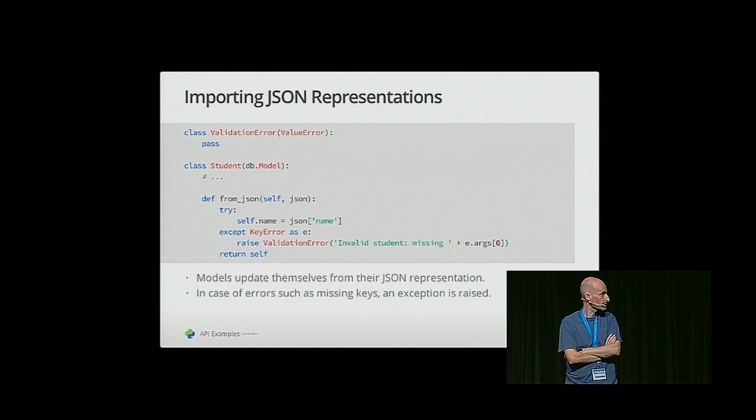If there's a key error, that means that the client didn't send all the information it needed to send. In that case, there's going to be an exception. I don't throw the key error exception that Python throws. I just throw my own validation error, and I include a helpful message with it, so that the client knows what happened.